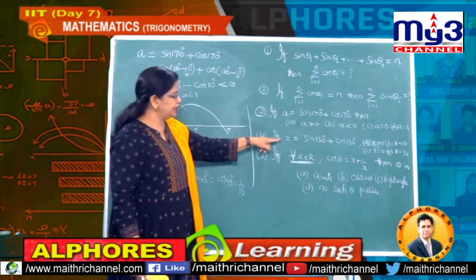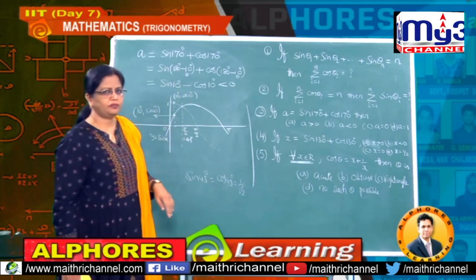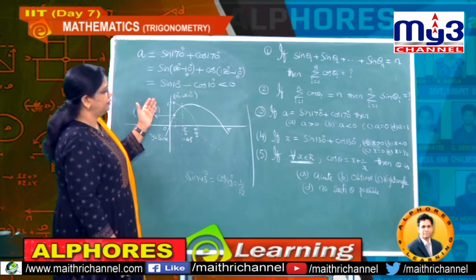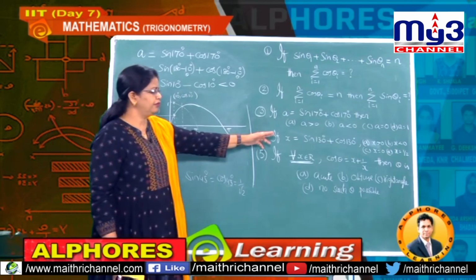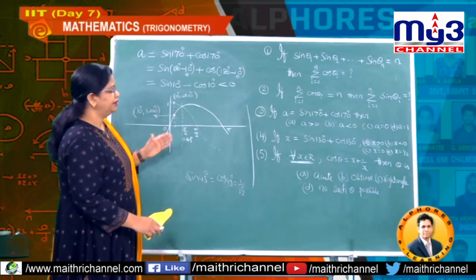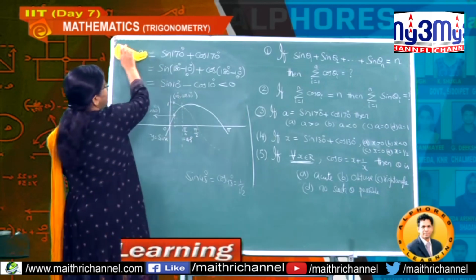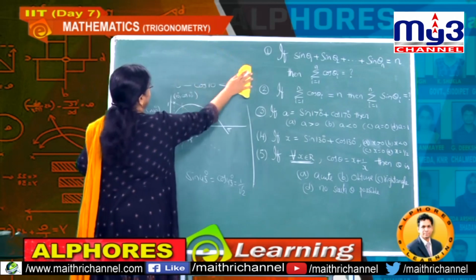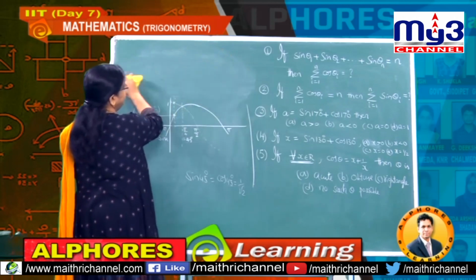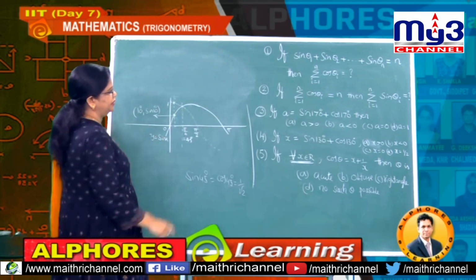Now let us check the fourth problem. What is the fourth problem? It is nothing but 130 degrees. That one is also an obtuse angle. So just like the previous problem, let us reduce it to the smallest acute angle.